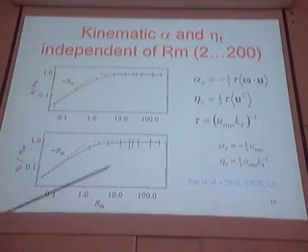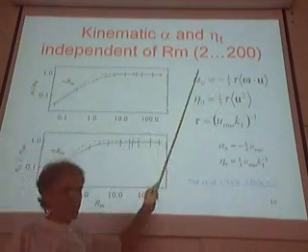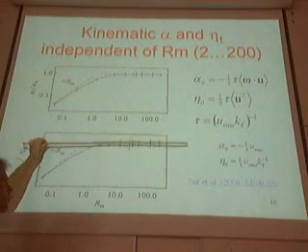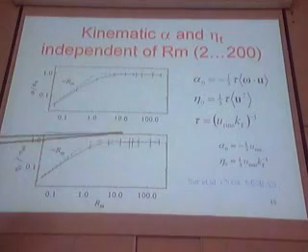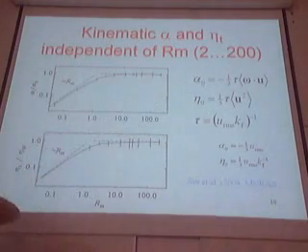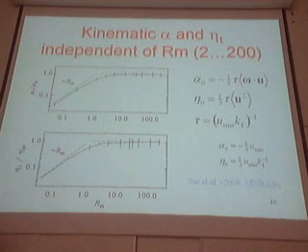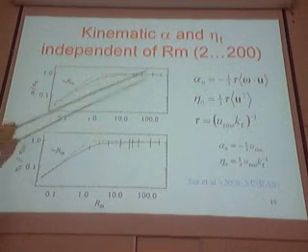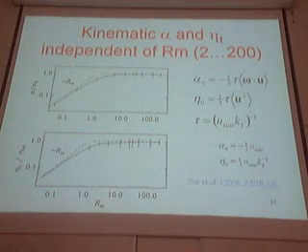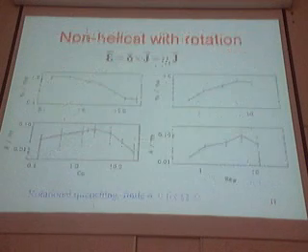Now, these approximations, which we regard as something rather rough, turn out to be accurate to high accuracy. So this value is unity, meaning that this approximation is accurate within error bars, up to Reynolds numbers of 200. So that was extremely unexpected. But this is really for isotropic three-dimensional turbulence.